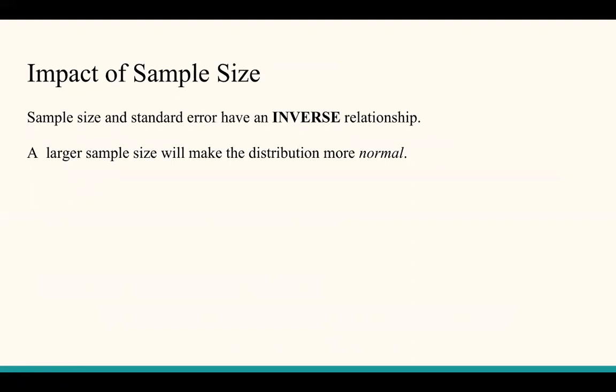A large sample size will also make a distribution more normal. So if a distribution has only, say, 20 cases in it, or n equals 20, and it's left skewed, it will still be left skewed, but it'll be more centered towards the middle if there were a larger sample size.